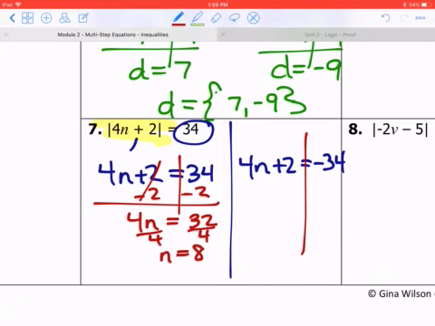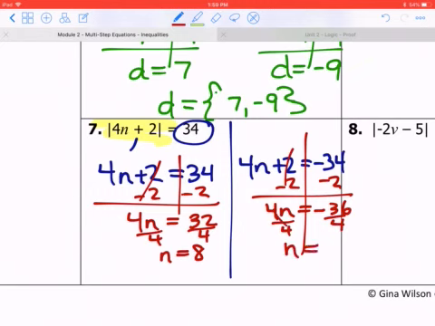Now I'm going to come over here, subtract 2. 4n equals a negative 36. Divide by 4. In this case, n equals a negative 9. So then I'm going to combine that and get my final answer. n is equal to, and I'm going to do brackets, 8 or negative 9.